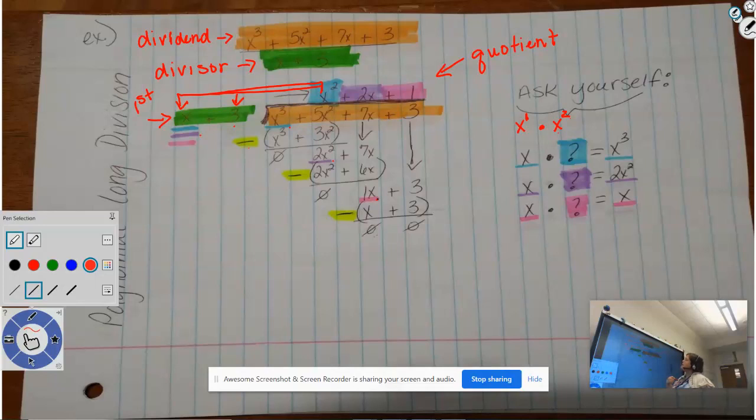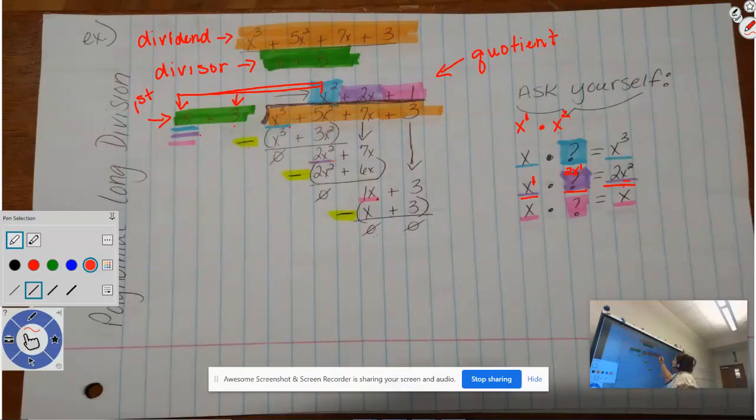I ask myself, what is the first term, x, times what number gives me 2x squared? All right, so x times what number gives me 2x squared? What's missing? Well, I know that there's a 2 missing, and I know that there's an x missing because x to the first times another x would equal that x squared.